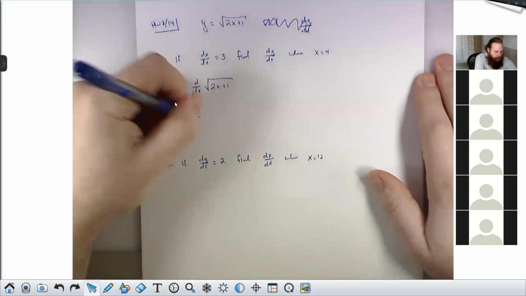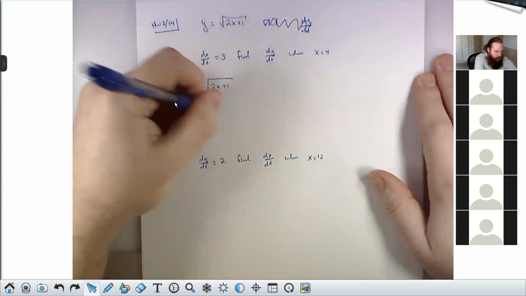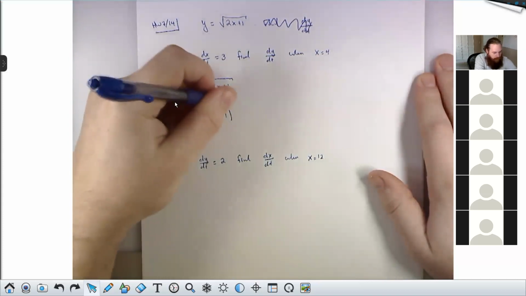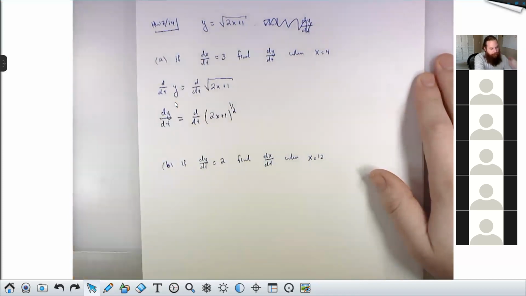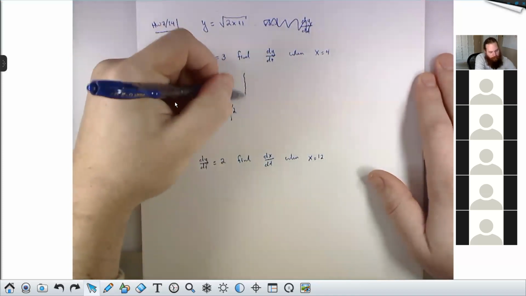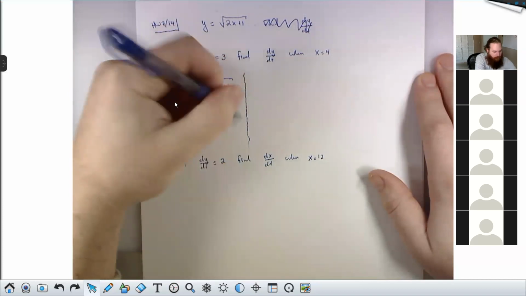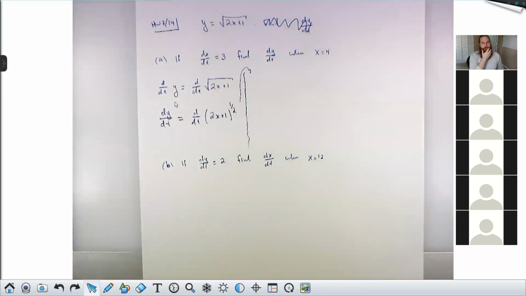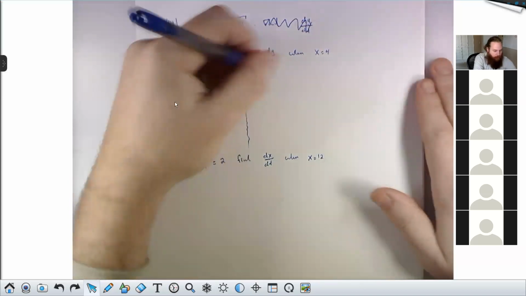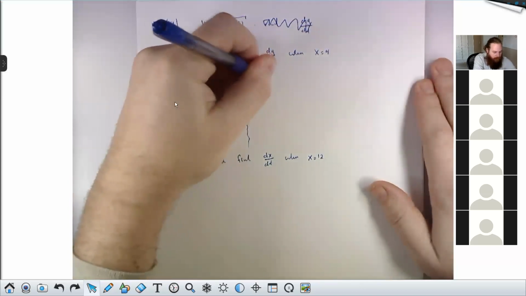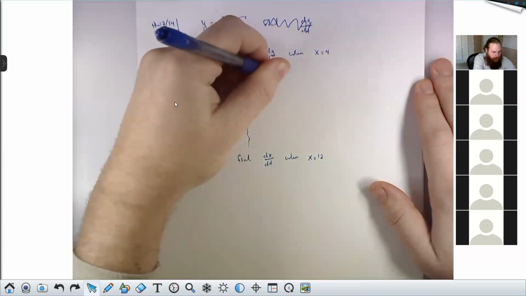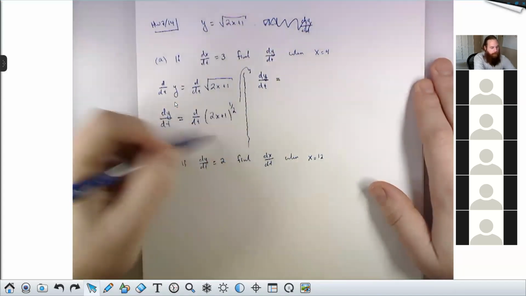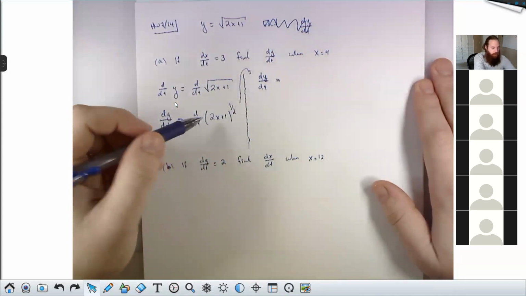So I'll rewrite this as d dt of (2x plus 1) to the 1/2 power. And then I'm going to give myself a little partition here so I can continue on the other side. My left-hand side is dy dt, and it's going to stay that. But my right-hand side now, I have to apply a couple rounds of chain rule.